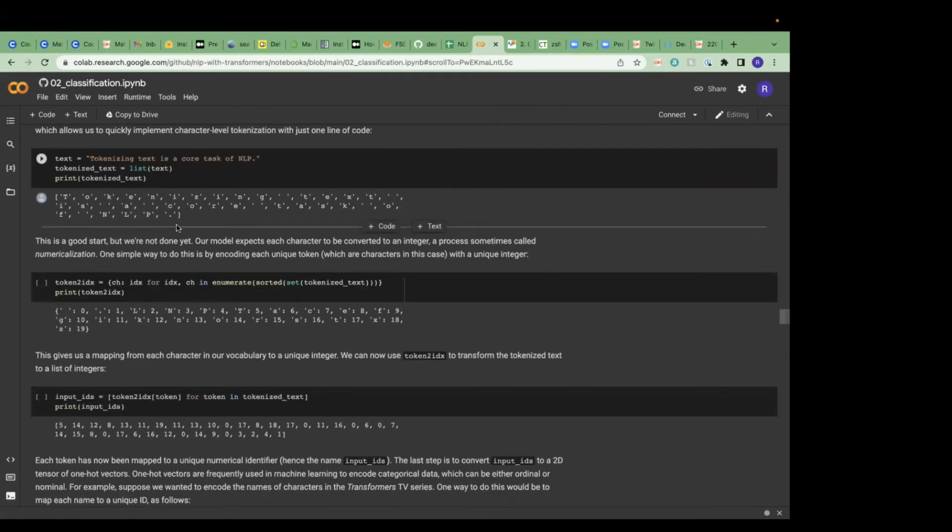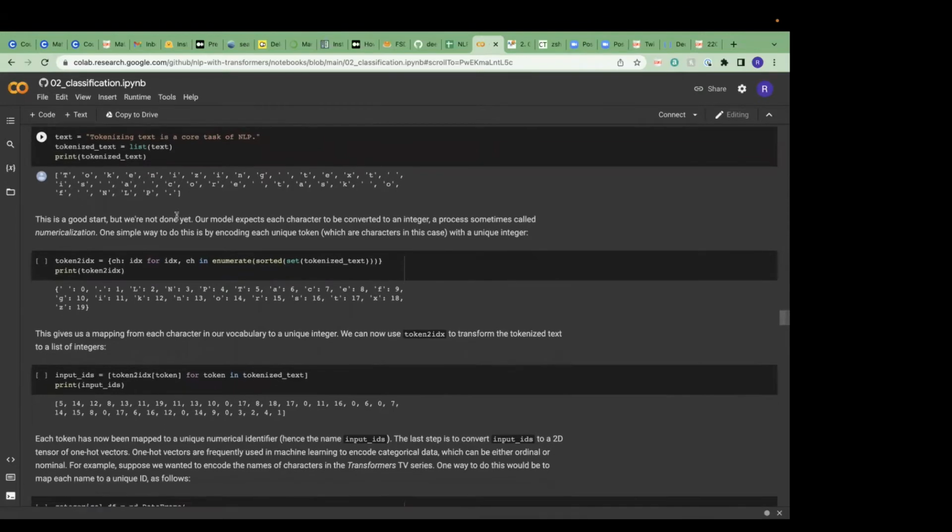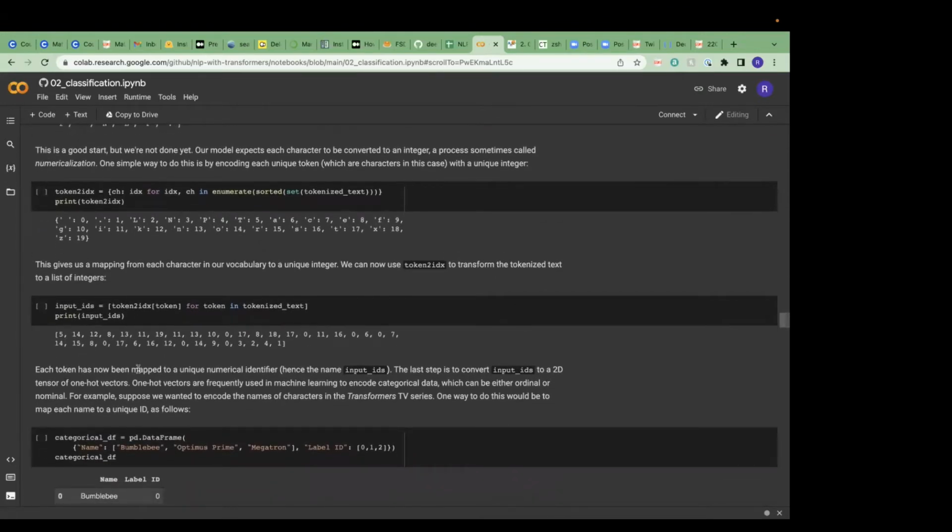In this case, it's not as bad because there are not that many characters, or in this case, ASCII characters. But with word tokenization, you can't use this one-hot vector kind of scheme.